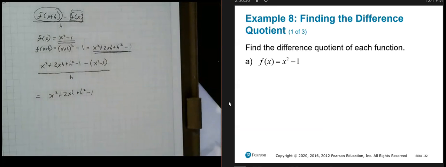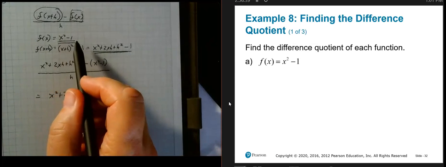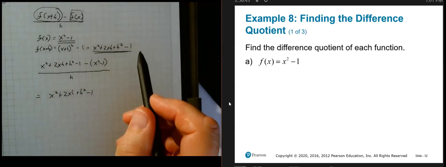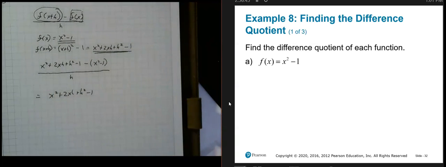All right. Please be aware that this part can get awfully tedious, especially if the expression has more than just x squared and a constant. What if it had x squared plus 3x minus 1? Then you'd have to do 3 times the x plus h.